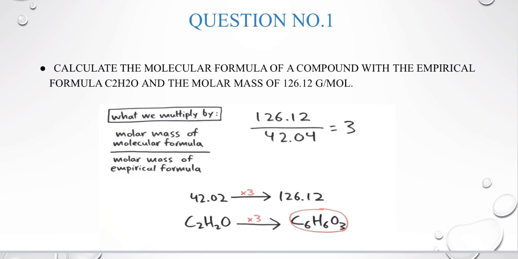So in this case, what is the molar mass of the molecular formula? It is written, it is 126.12 gram per mole, so we write it in the numerator. And the denominator is the molar mass of the empirical formula.